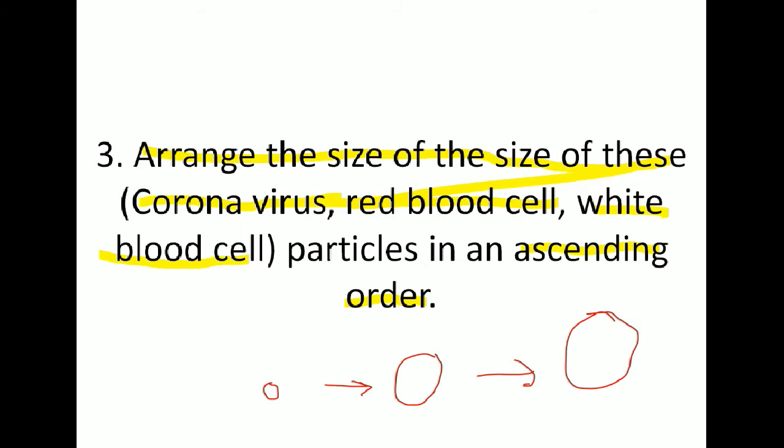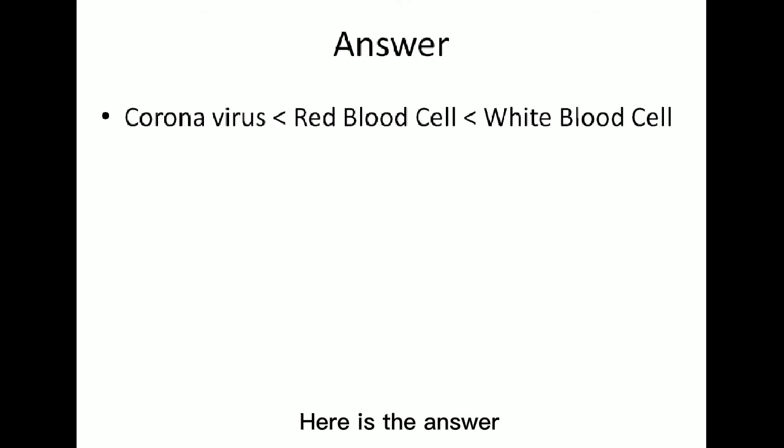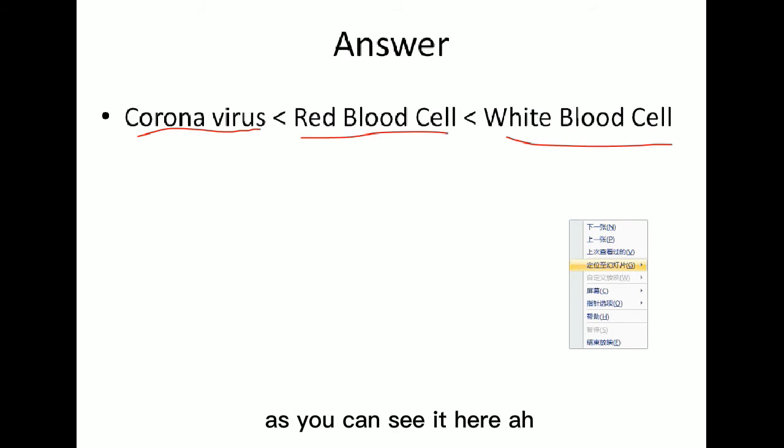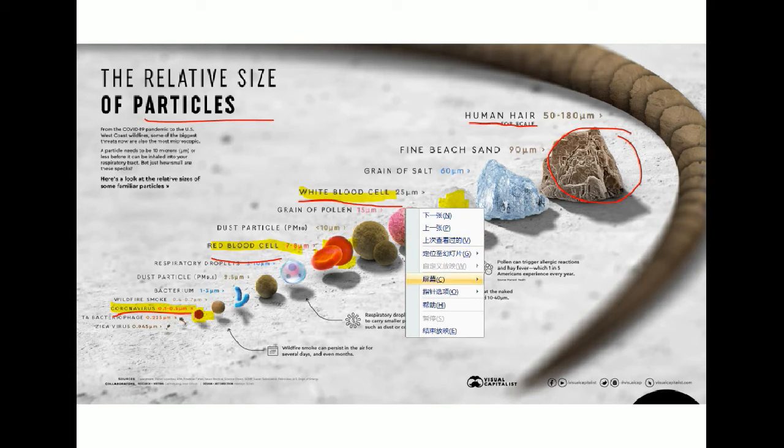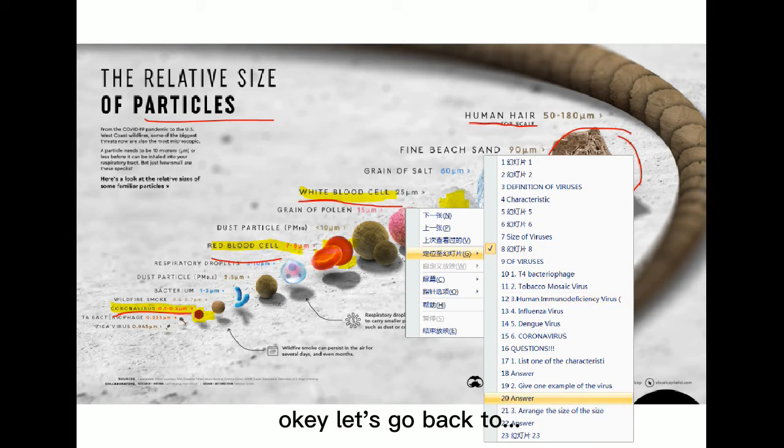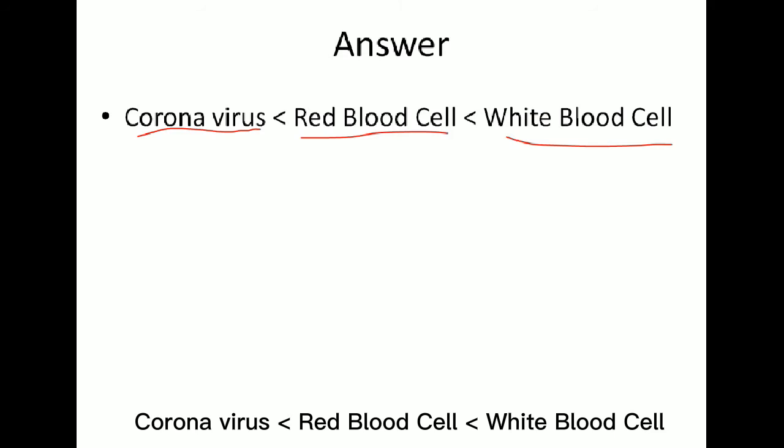Okay, here's the answer. Coronavirus the smallest, then bigger, and the biggest. As you can see here: coronavirus, red blood cell, white blood cell.